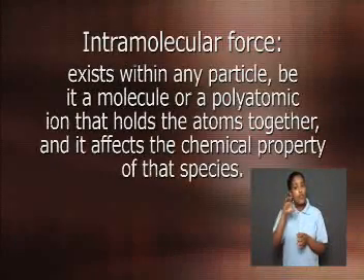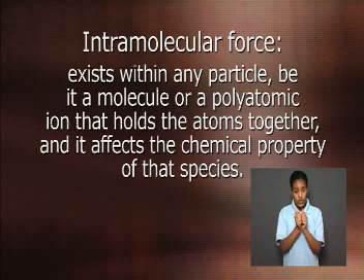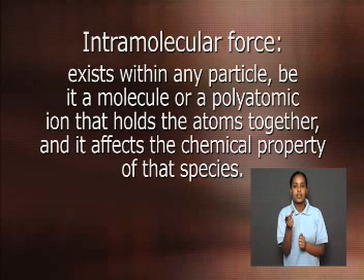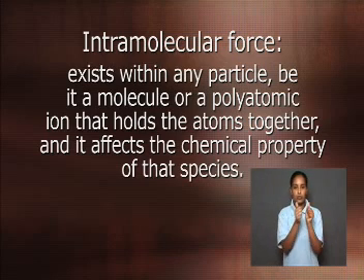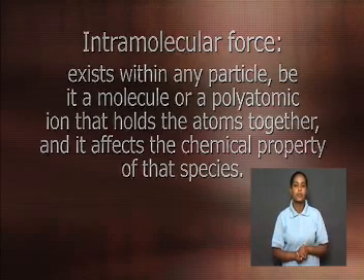It is a force that exists within any particle, be it a molecule or a polyatomic ion, that holds the atoms together, and it affects the chemical property of that species.